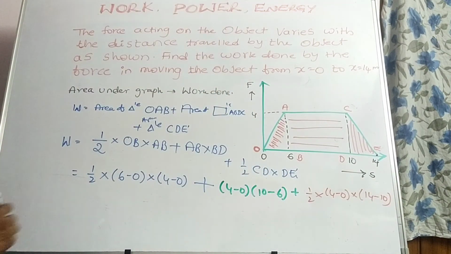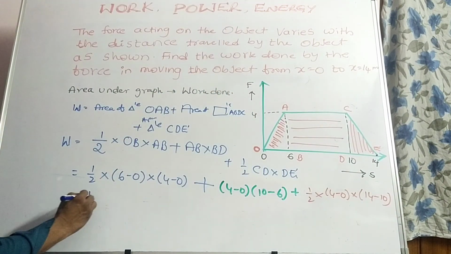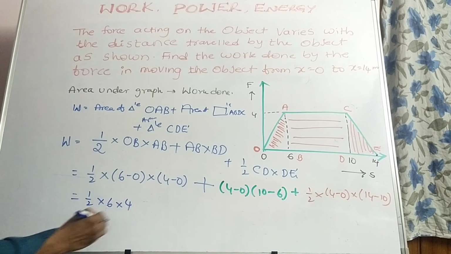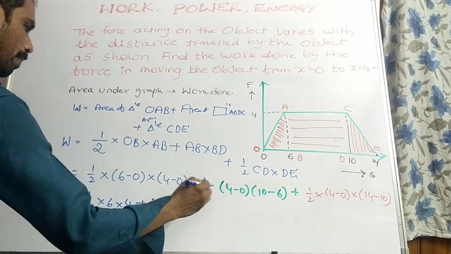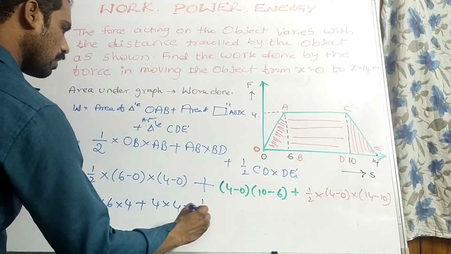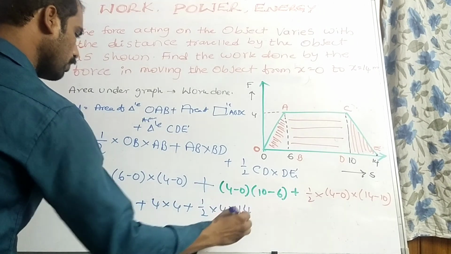So that is equal to half into 6 into 4, plus 4 into 4, plus half into 4 into 4.